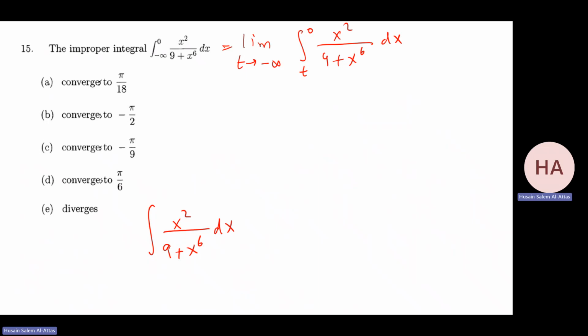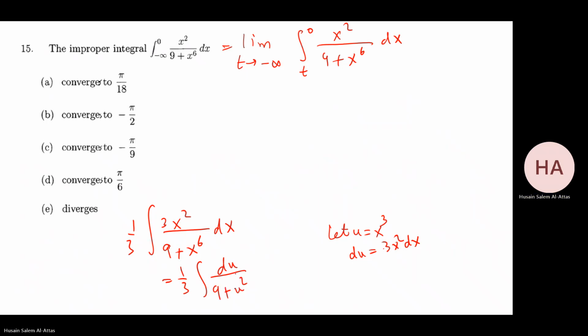One trick to do that, I will let u equal x cubed. So du will be 3x squared dx. So I need a 3, and 1 over 3 outside. That gives me 1 over 3 times the integral of du over 9 plus u squared. So this is tan inverse.